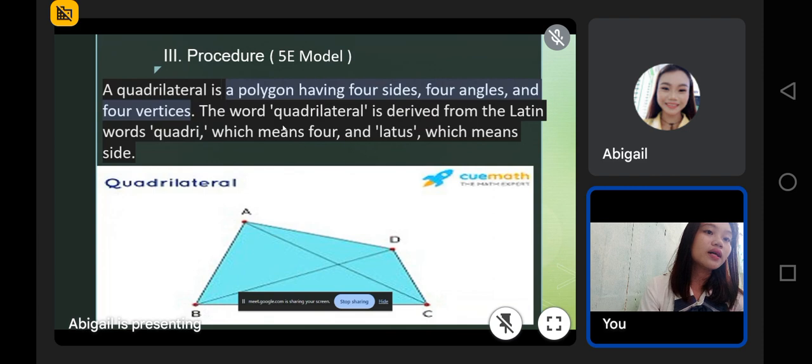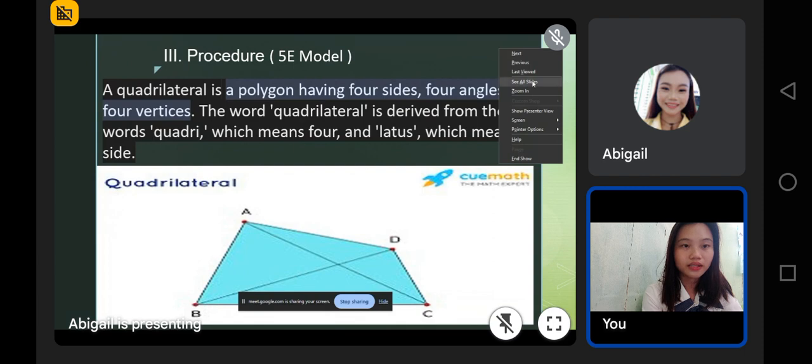And here in the quadrilateral picture, there is angle A, angle B, angle C, and angle D.